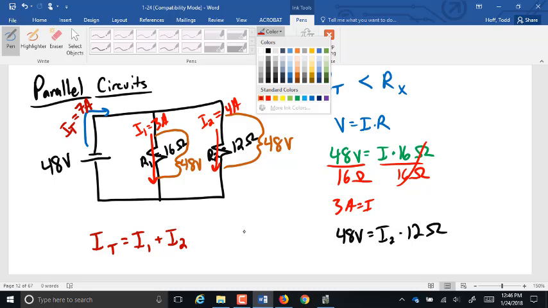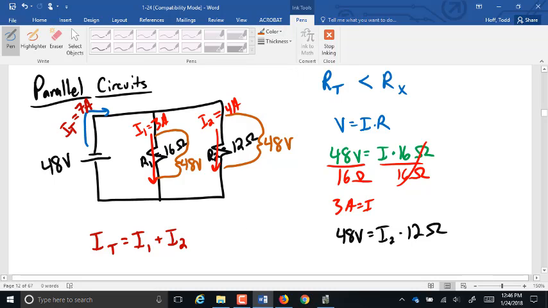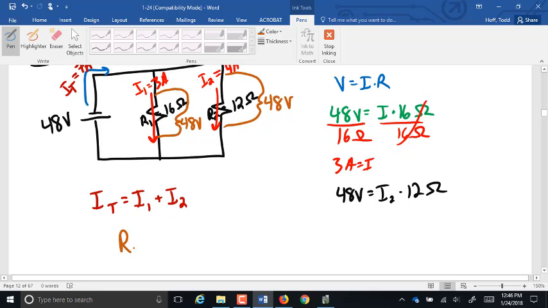So to find my total resistance, total voltage equals total current times total resistance. What's my total voltage? 48. What's my total current? 7.